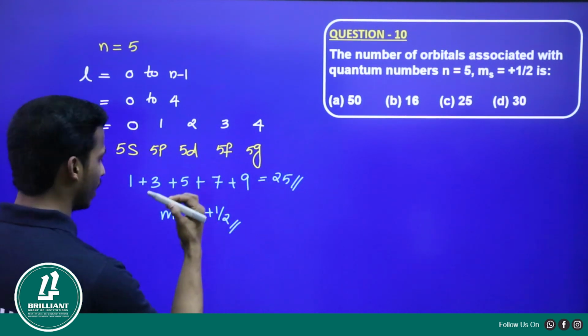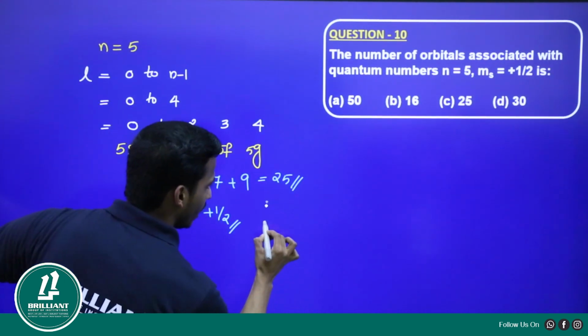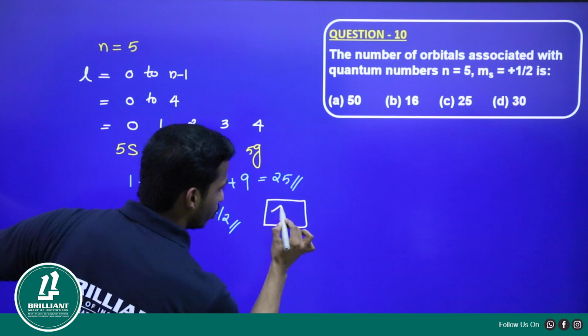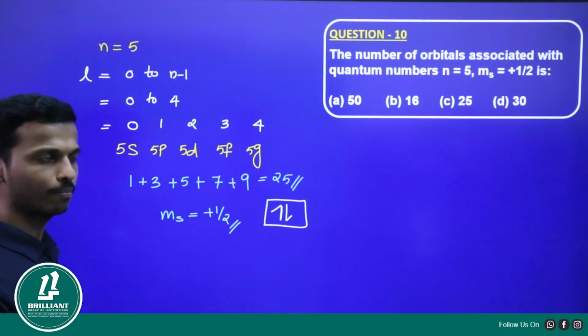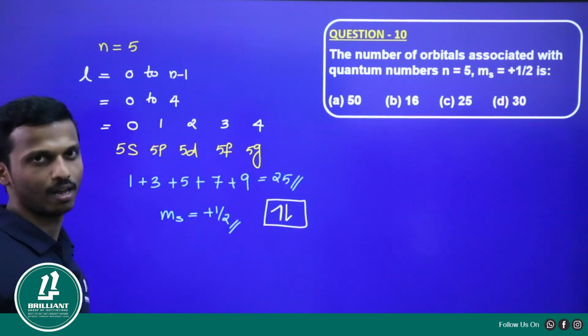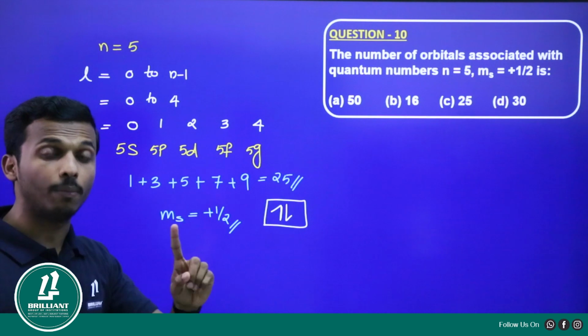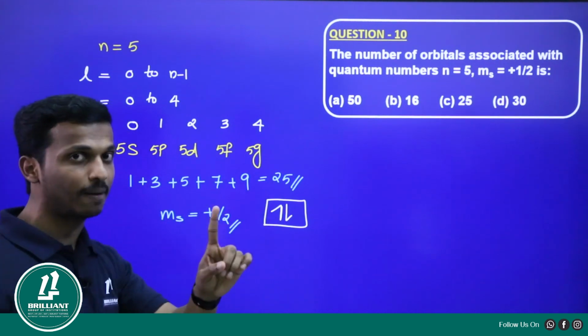How does it come? You know, spin quantum number is given as plus half, right? There are a total of 25 orbitals. In one orbital, a maximum of 2 electrons can occupy, one with plus half and one with minus half spin. Here there are 25 orbitals, which means 50 electrons, because one orbital holds 2 electrons.